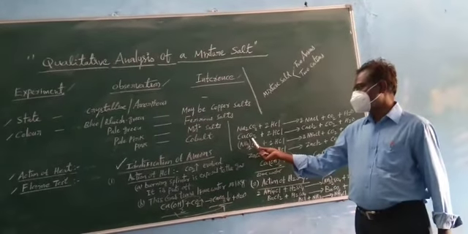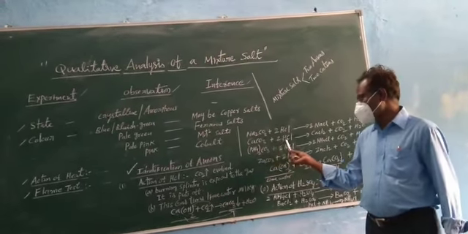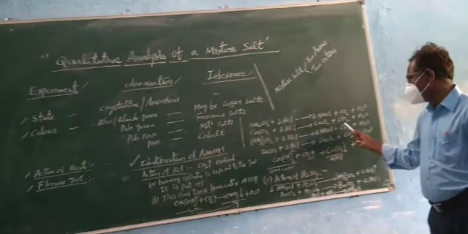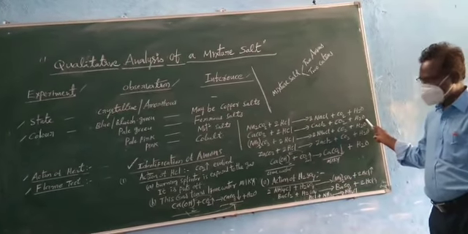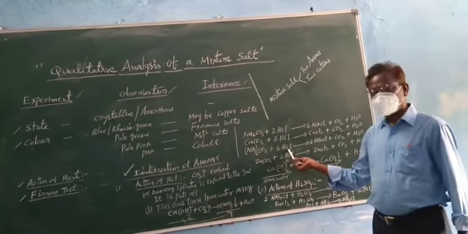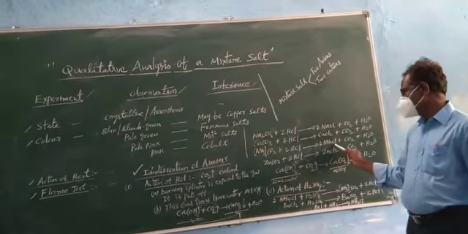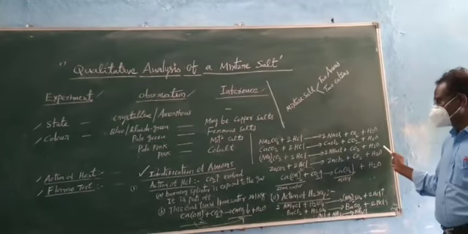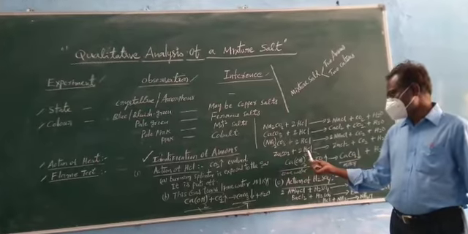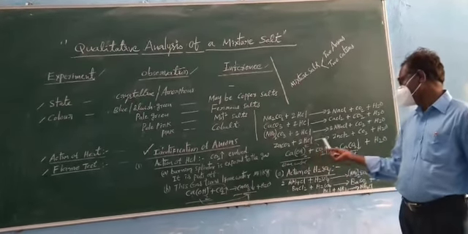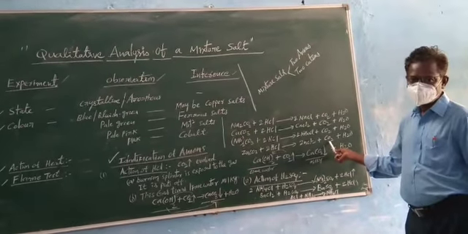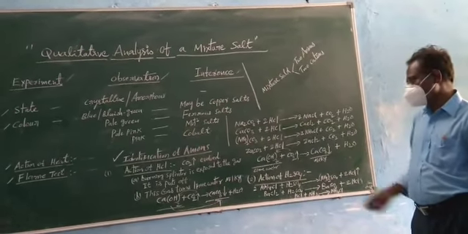Calcium carbonate, adding hydrochloric acid, gives calcium chloride, carbon dioxide and water. Ammonium carbonate, add hydrochloric acid, gives ammonium chloride, carbon dioxide and water. Zinc carbonate, add hydrochloric acid, immediately forms zinc chloride, colorless gas carbon dioxide and water.